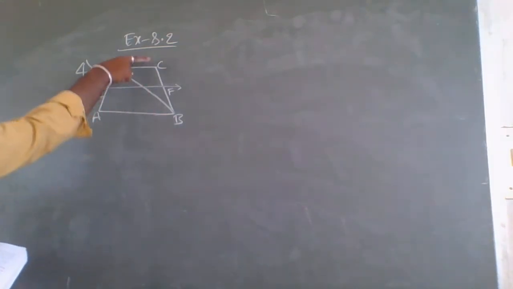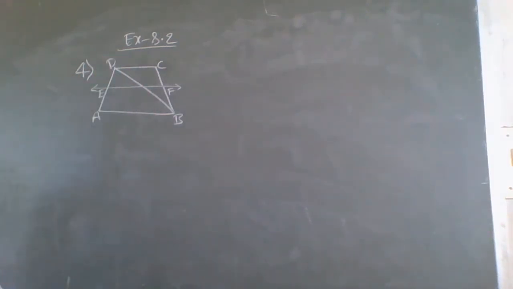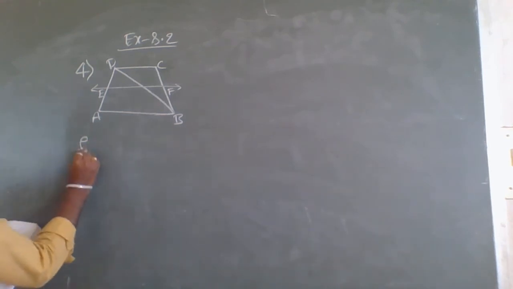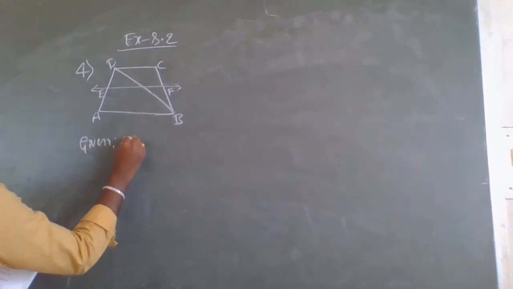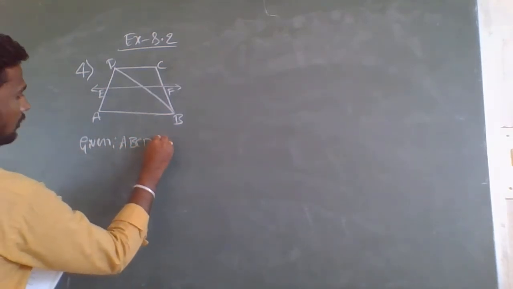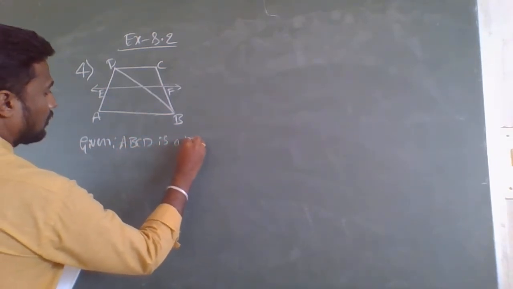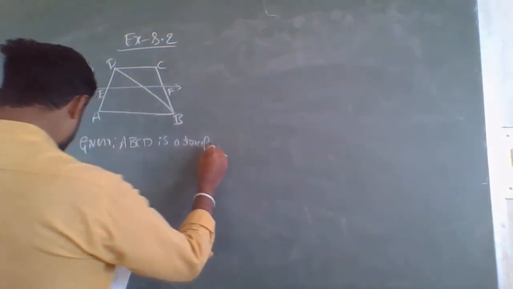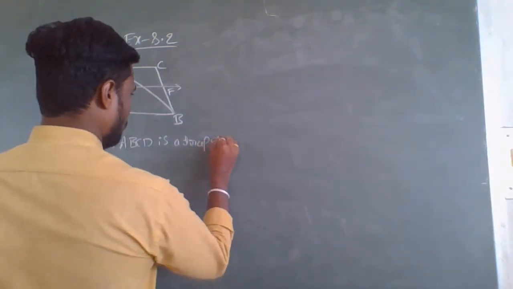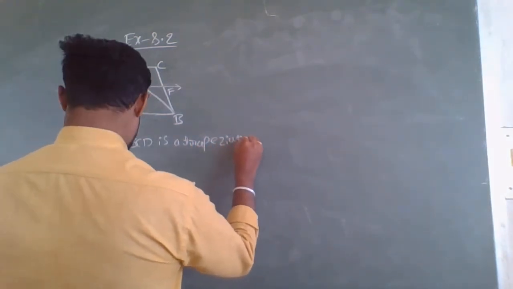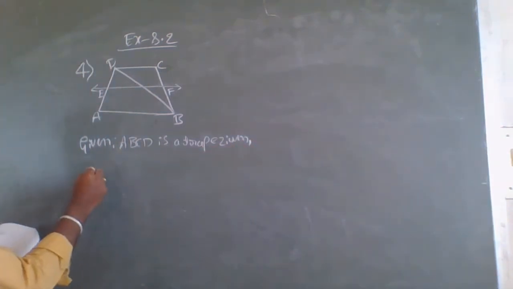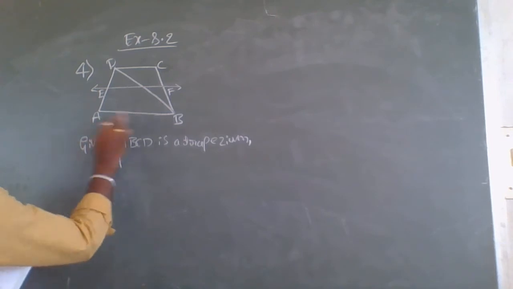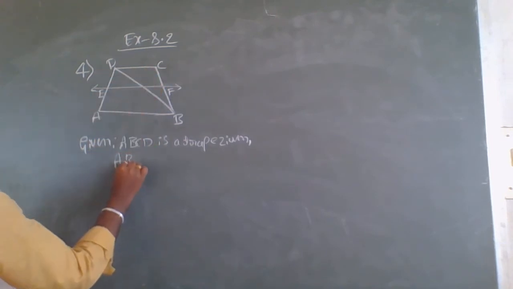Write given: ABCD is a trapezium in which AB is parallel to DC.